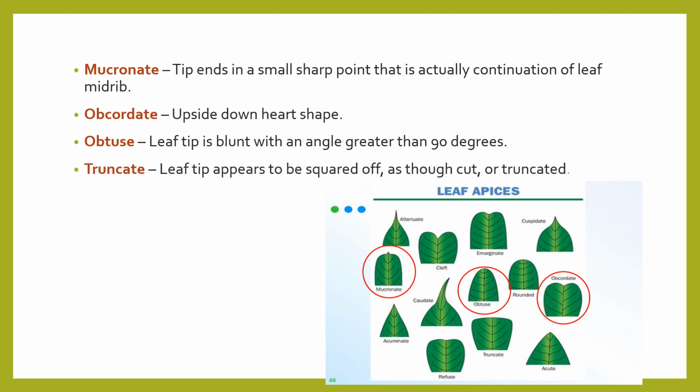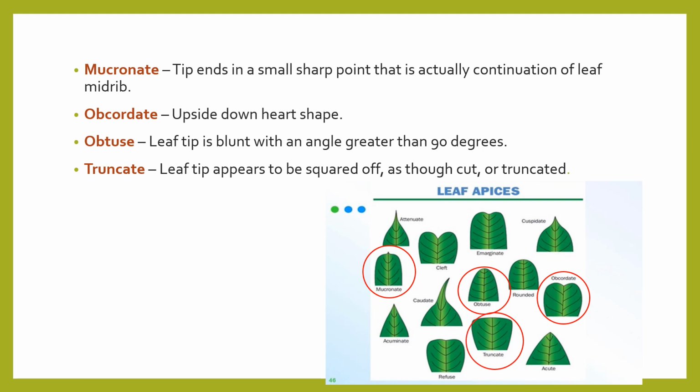Truncate. The truncate apex, the leaf tip appears to be squared off, as if cut, or truncate, like this one. This one is a truncate apex.